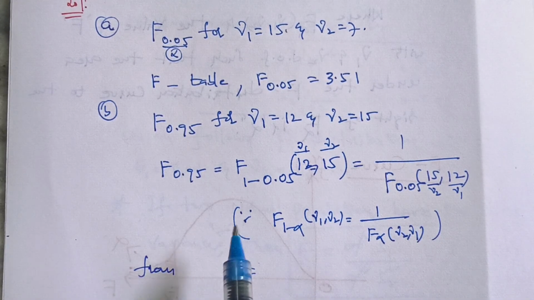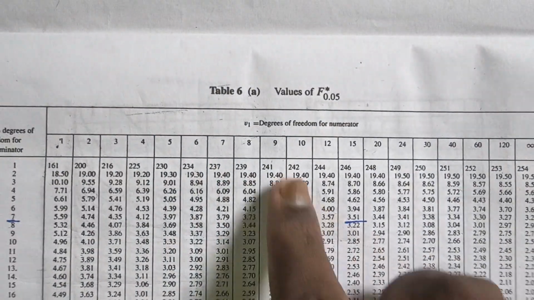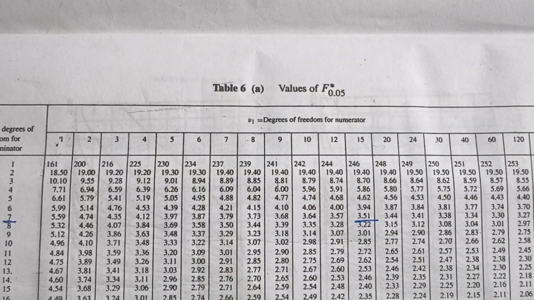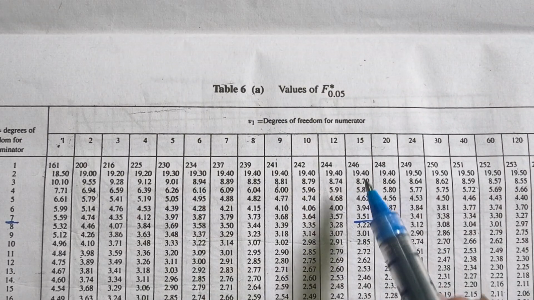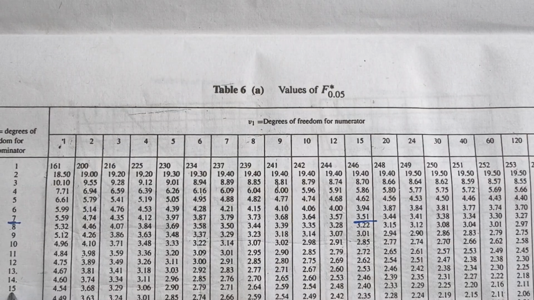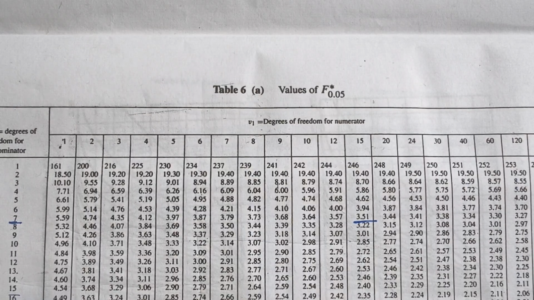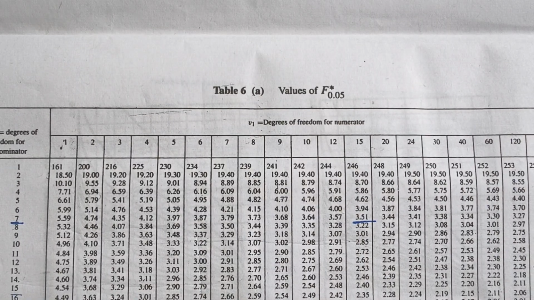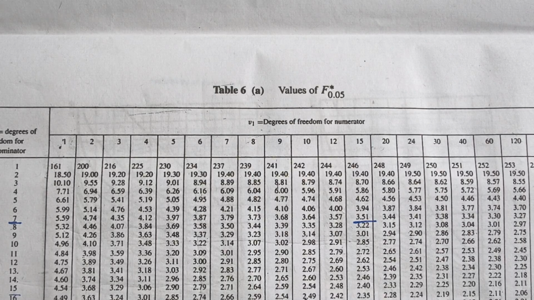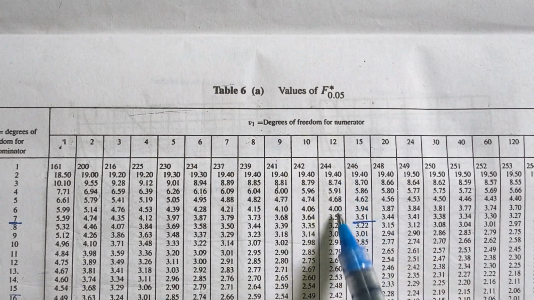So from the table, check the value in the body part. Nu2 equals 15 and nu1 equals 12 here.